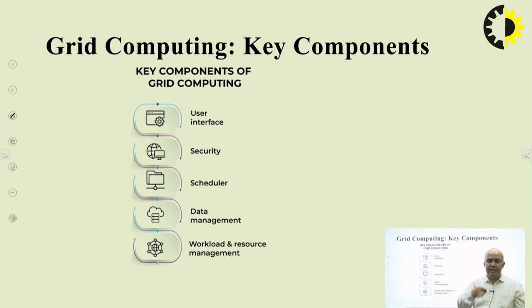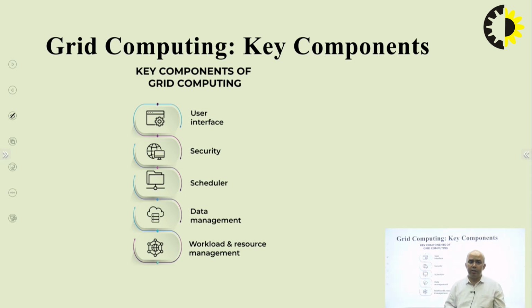So, there are various components that are being used in grid computing, or you can say the key components for grid computing are user interface, security, scheduler, data management, workload, and resource management. Here, user interface means the user is able to access the information easily. Security is one of the major concerns in cloud computing.